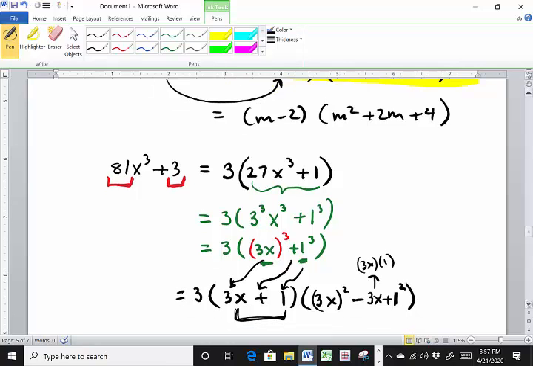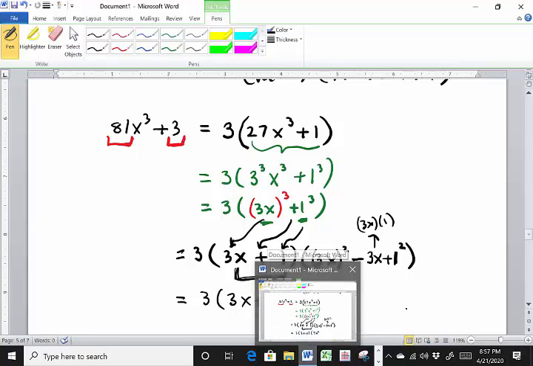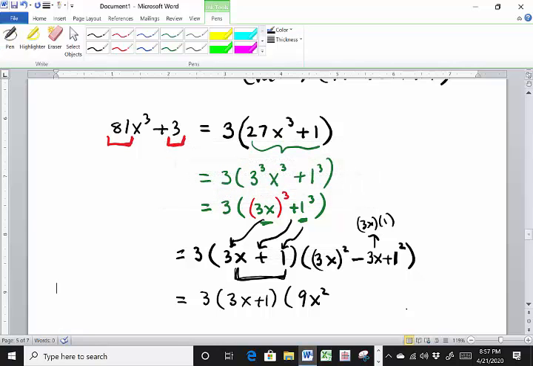Alright, so let's finish this up. It'll be 3 times 3x plus 1 times, what's 3x raised to the 2nd power? That's 9x squared. Then subtract 3x, and then 1 squared is just 1. And there we go.